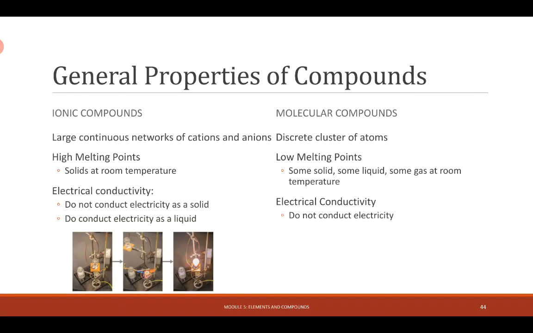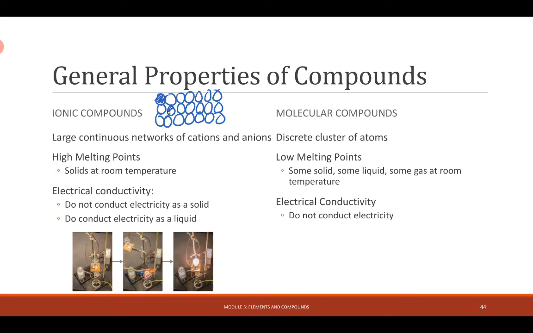And so ionic compounds are different from molecular compounds in that ionic compounds form large continuous networks of cations and anions. And so large continuous networks means many atoms bonded together through ionic bonds.